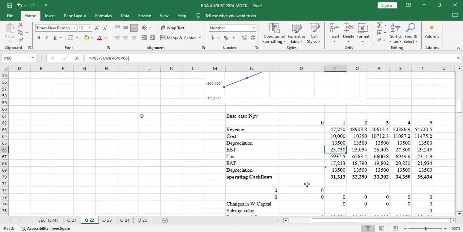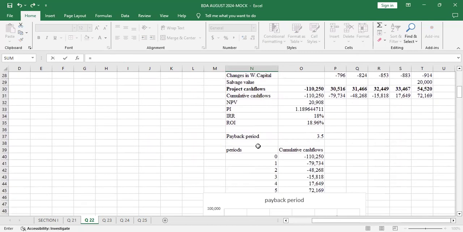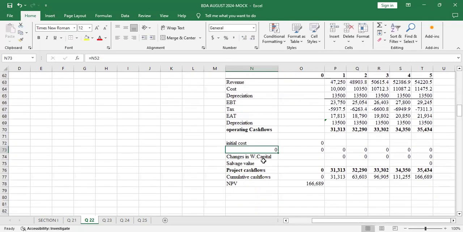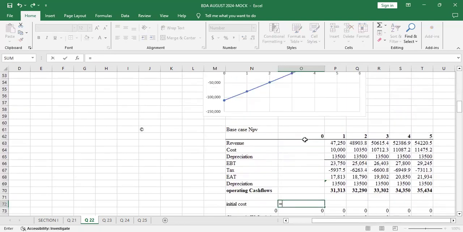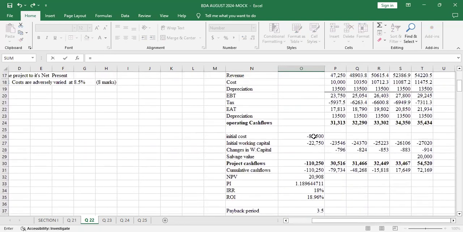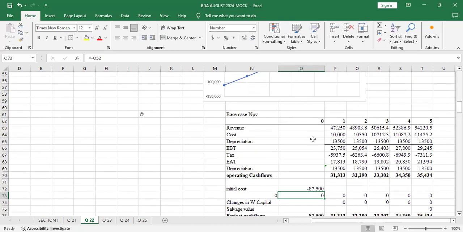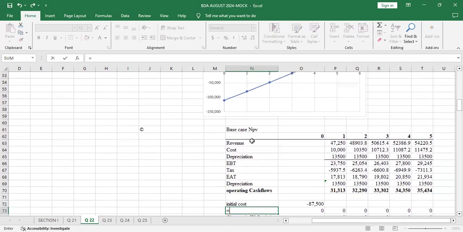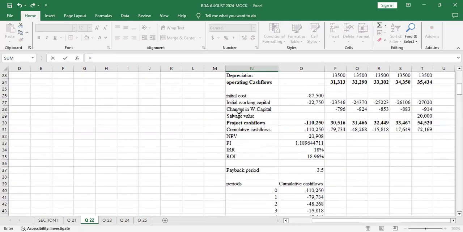So that's okay. We'll come to initial cost. Also, you just copy. This is just the normal copying, there's nothing much. Then here we have the initial working capital.